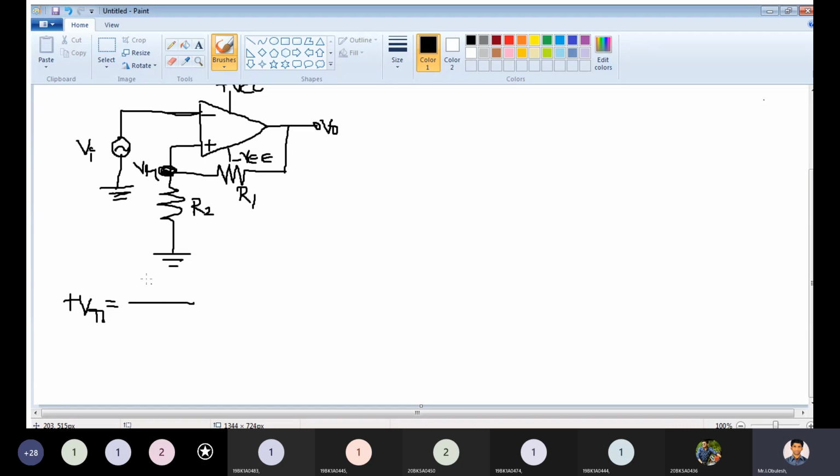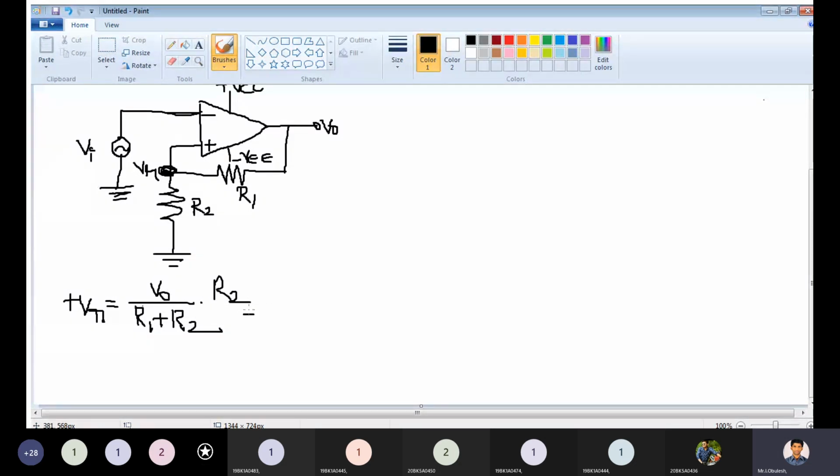VREF is equal to V naught divided by R1 plus R2 into R2. So here the V naught value is the V saturation.